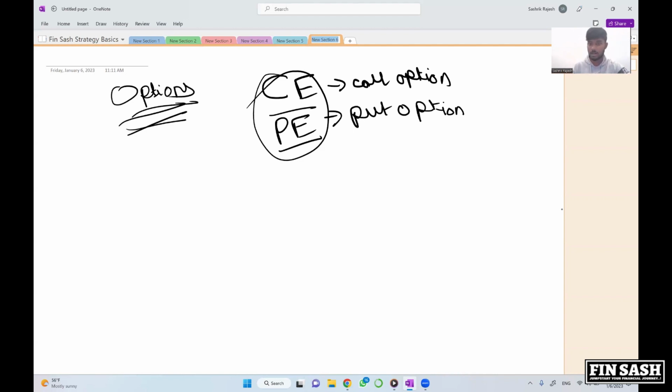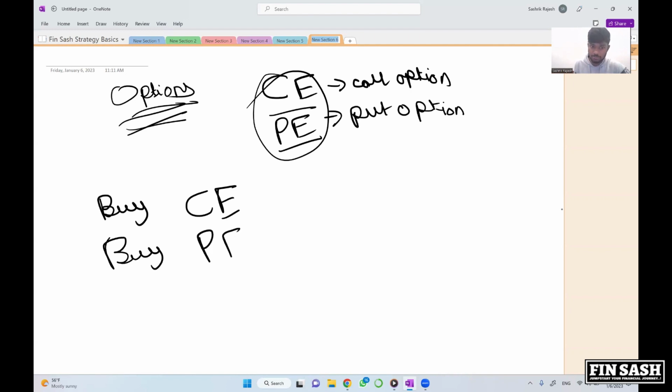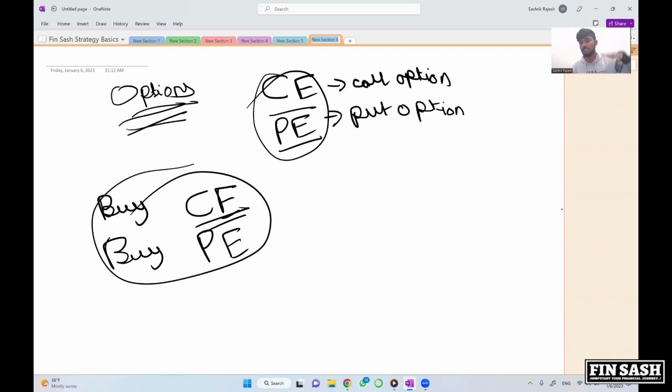If I think that the market's going up, I'm going to buy a call option. Simple, right? And if I think the market's going to go down, I'm going to buy a put option, right? So that's the basics. A call option means you think the market's going up. A put option means you think the market's going down.